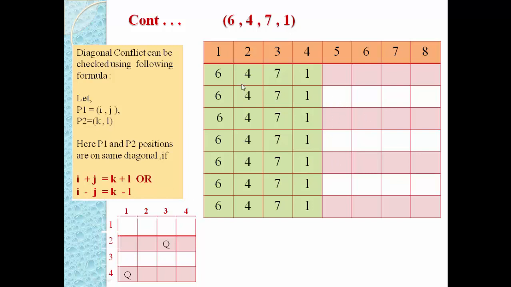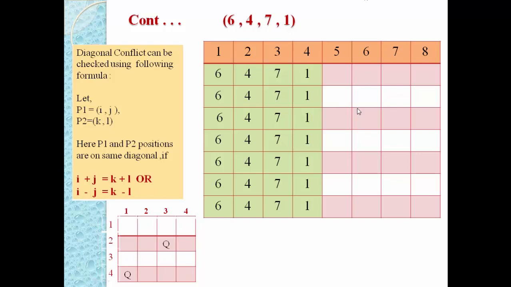So for example, this is the feasible sequence given, so we are not going to change these values. We have to just identify the remaining positions for the remaining queens. So for example, if we find the position of queen number 5, as we discussed, we will place it on row number 5.